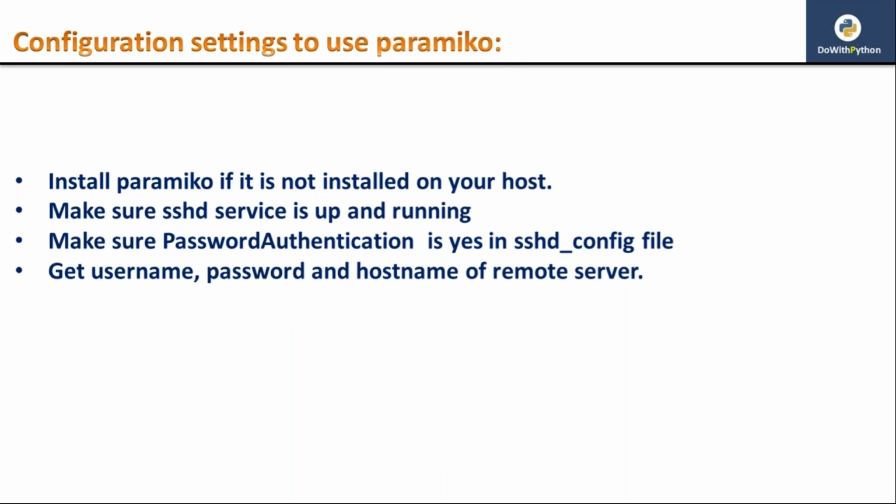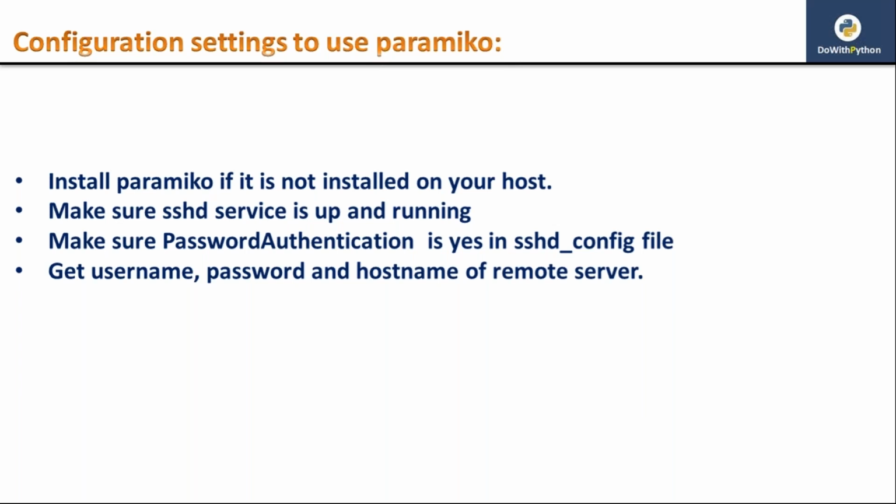So in hand, you should have the username, password, and host name of your remote server. And on the remote server, the SSHD service is up and running, and in the SSHD config file, password authentication is yes. This is the minimum requirement before we start.